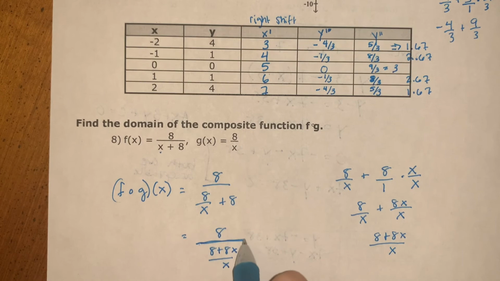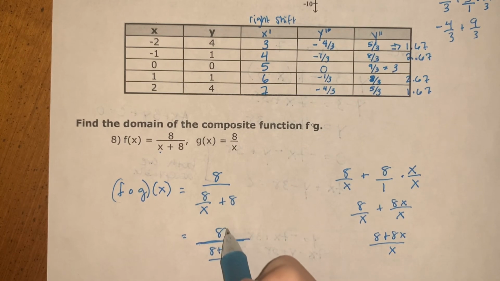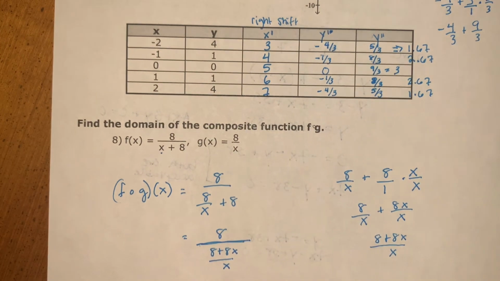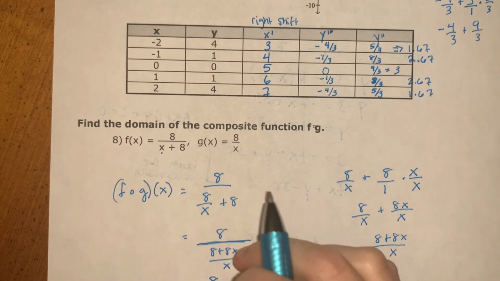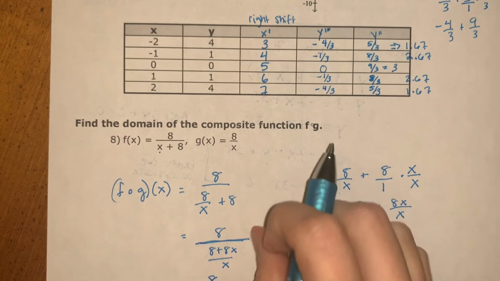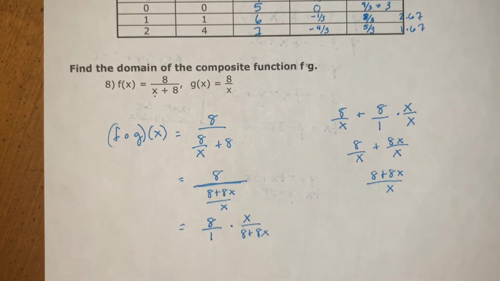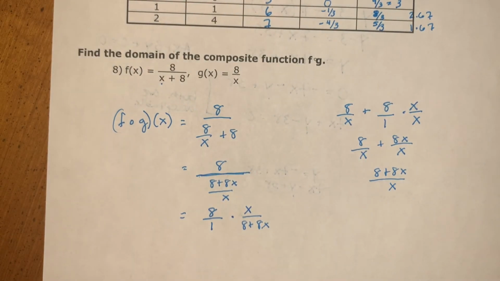And every time you have a number divided by a fraction, you're going to flip the fraction and multiply. So we have 8, I'll just call 8 over 1. And then I'm going to flip this and multiply, so I'm going to have times x over 8 plus 8x. This is just how we simplify and how it's expressed on paper.